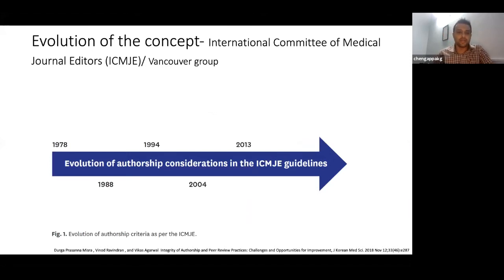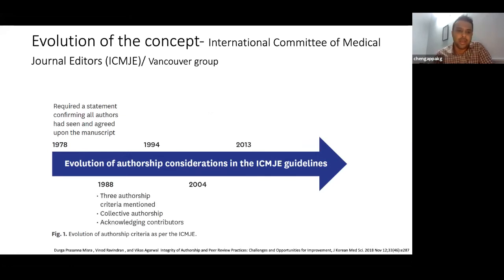So the definition of authorship started off in 1978, where the ICMJE required a statement confirming that all authors have seen and agreed upon the manuscript. Later on, the 3 authorship criteria were mentioned in 1988, and collective authorship and acknowledgement for other contributors also started in 1988.